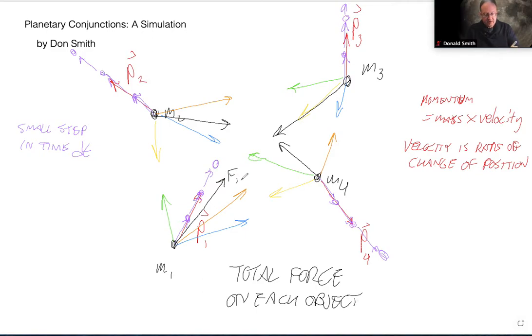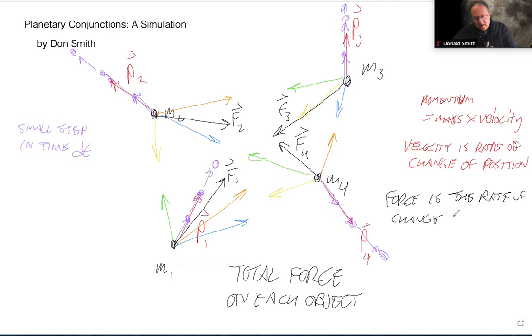So this would be F1, this would be F2, this would be F3, and they have directions, so I give them little arrows, and this would be F4. Now here's the key. Force is the rate of change of momentum.